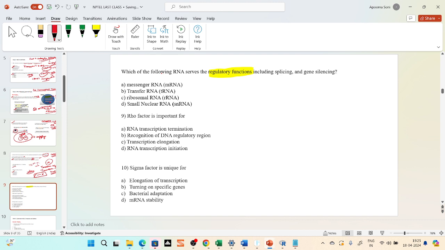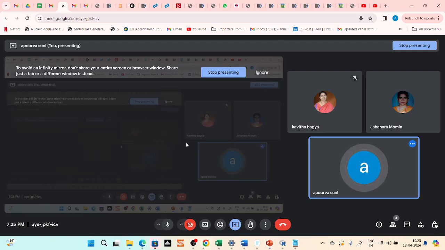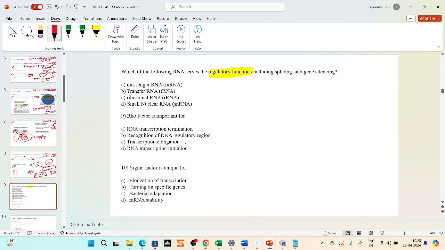Which of the RNA is serving as a regulatory function here? A, B, C, or D? What should be the answer? It should be D. Why?